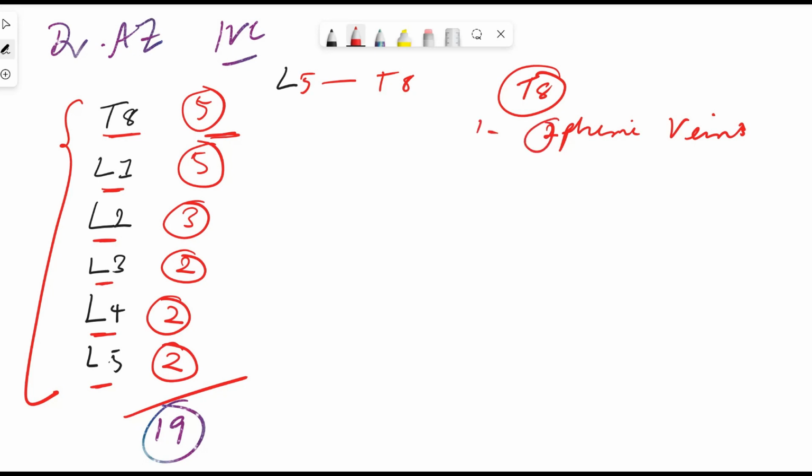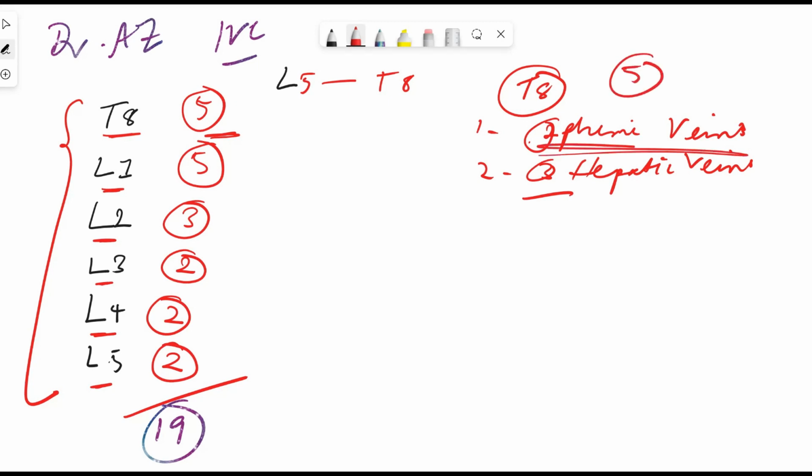This is number 1. And number 2, you have 3 hepatic veins. So easy. 2 plus 3 is 5. So we have 5 tributaries here: 2 phrenic veins and 3 hepatic veins. So this is regarding T8.